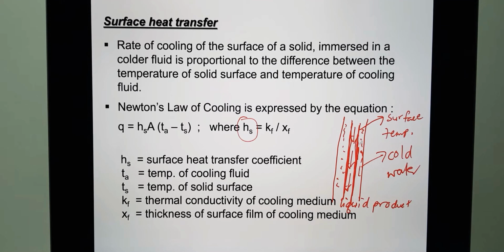Alright, it doesn't matter whether this cold water or this liquid product is placed at the outside tubing or inside tubing. It will be the same thing, whereby this will be the surface temperature that we are interested in. Okay, this is the surface film.